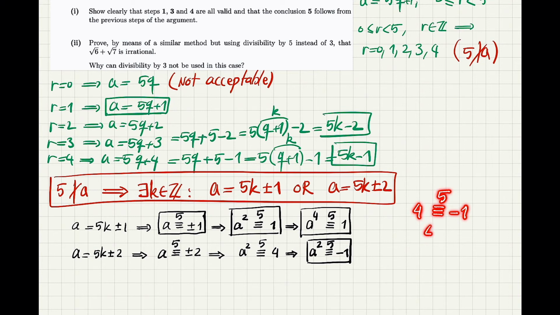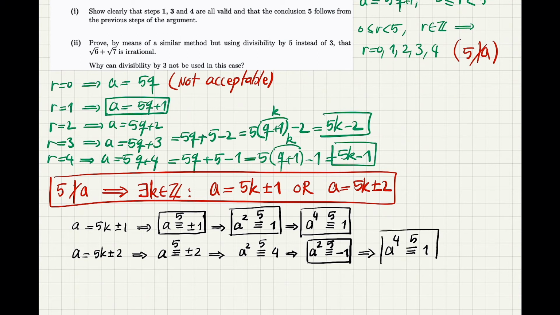The reason is that 4 minus minus 1 is positive 5, and 5 is divisible by the modulus. And then if I raise both sides to power 2 once more, then a to the 4 becomes again 1 modulo 5.